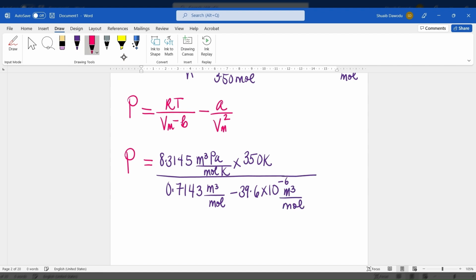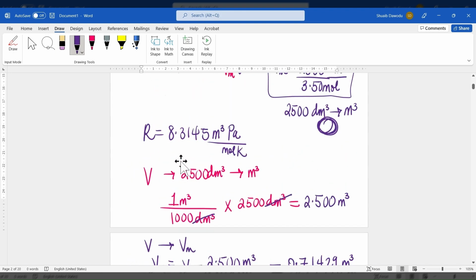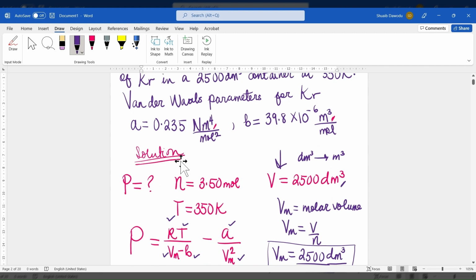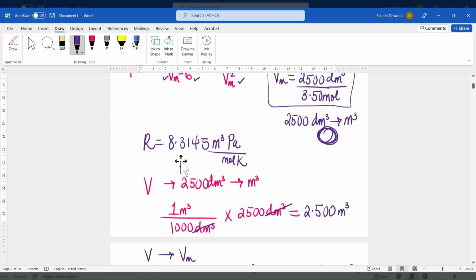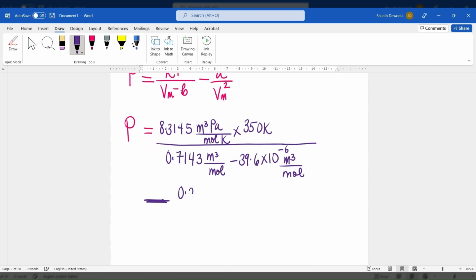And we know that we are on the right track because these two units actually match: meter cube per mole at the denominator on both sides of the minus sign. So that's it. Minus the value for A. The value for A is 0.235 Newton meter raised to the power of 4 per mole squared, divided by 0.7143 meter cube per mole, all squared.